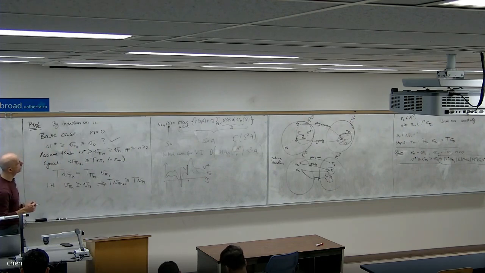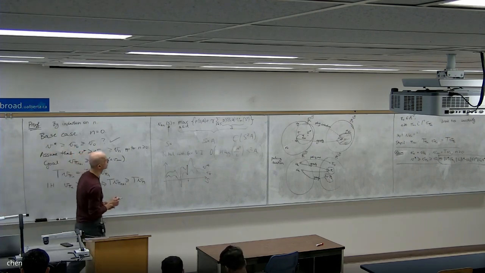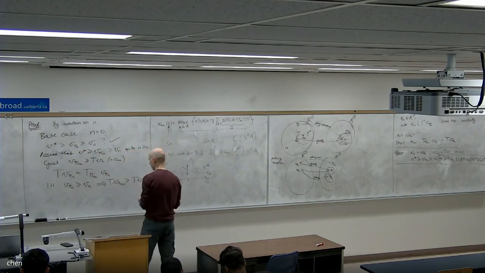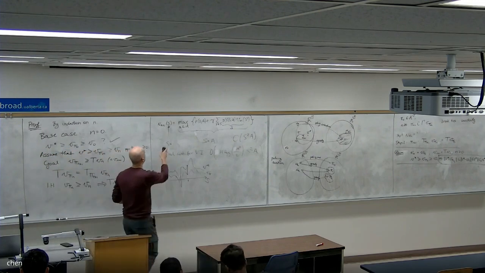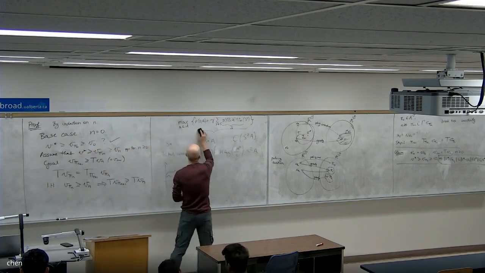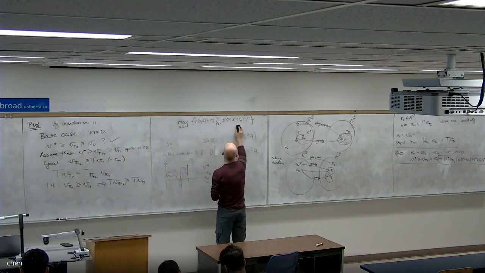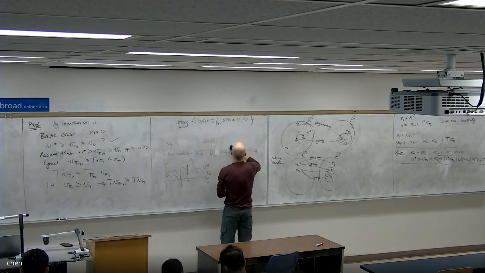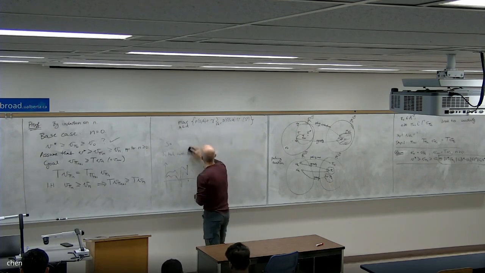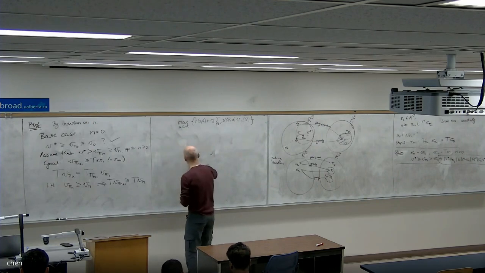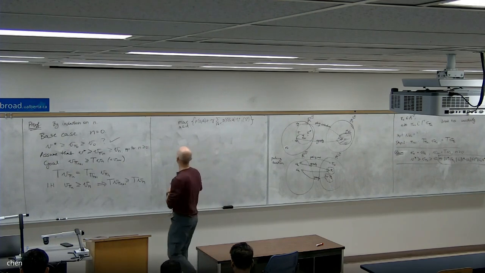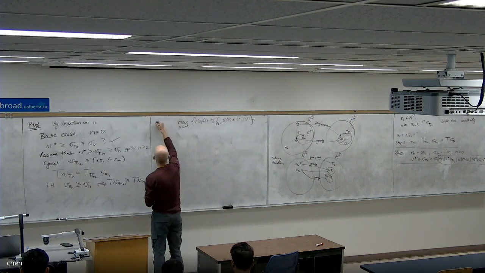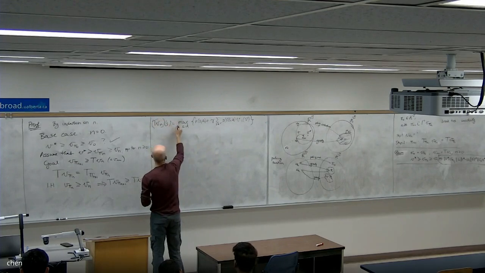For this, we need to remember what the definition of T was. If I write out T of v n at s, this is how it looks.